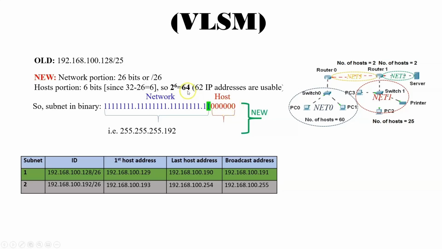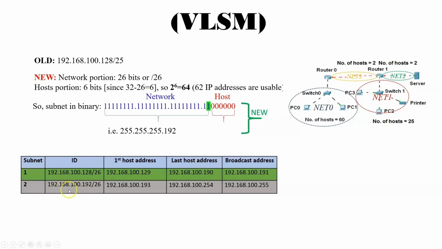That means I will have only 64 possible IP addresses. So if I start counting from 128, then the last one to make it 64 is 191. So that's the broadcast. So the last usable will be one less than the broadcast. So 190. Does it make sense?